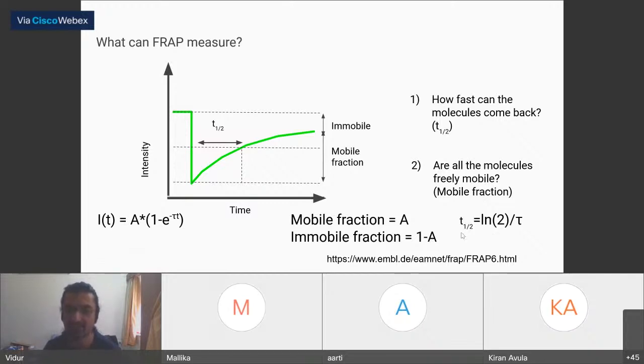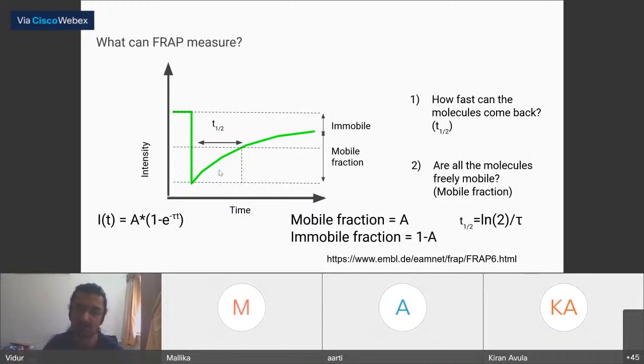The second thing is the half time called T half, which is related to this tau function by this formula, ln 2 by tau. And this parameter basically tells you how long it takes for the fluorescence to recover half of its maximal value. So these are the two basic parameters that one can gauge from recovery profiles.